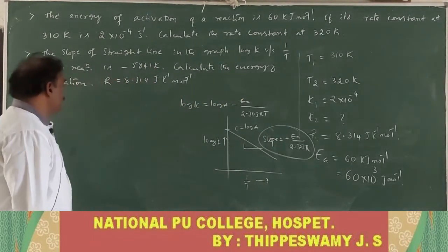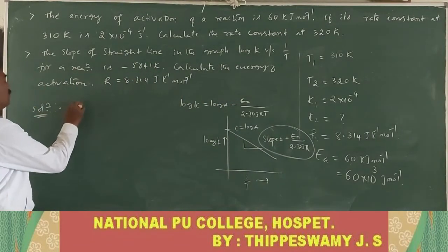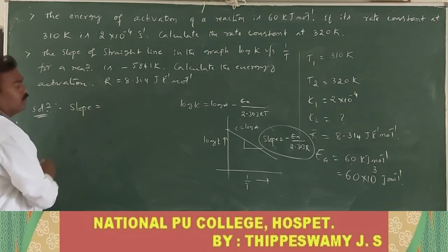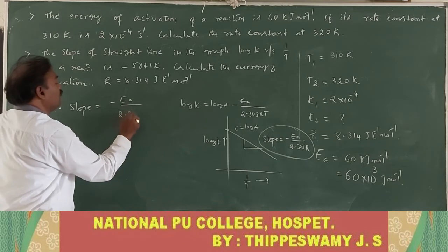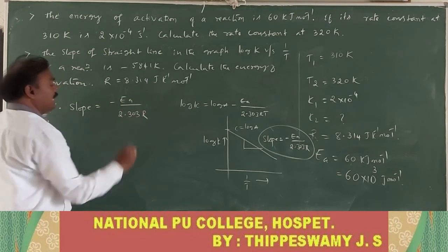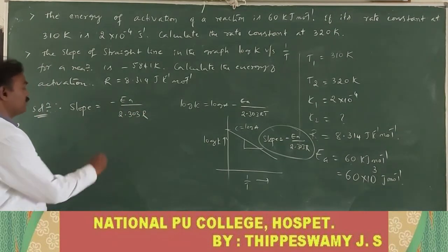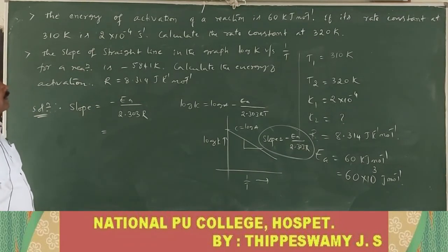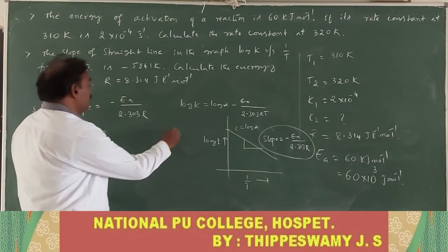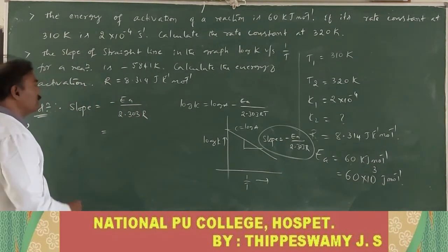Now you can apply the formula: slope of the straight line is equal to minus EA divided by 2.303 into R. Now, can you tell me the value of the activation energy? The question will be asked: calculate the energy of activation. Slope is given.